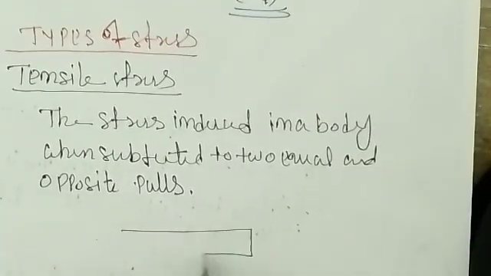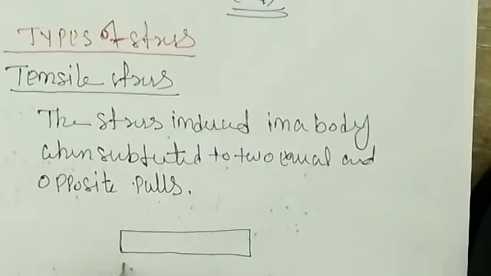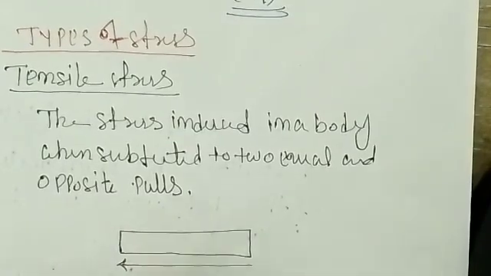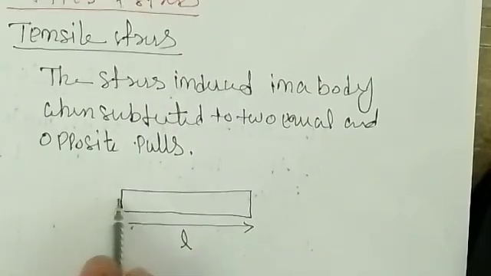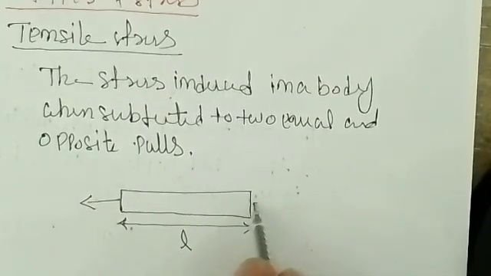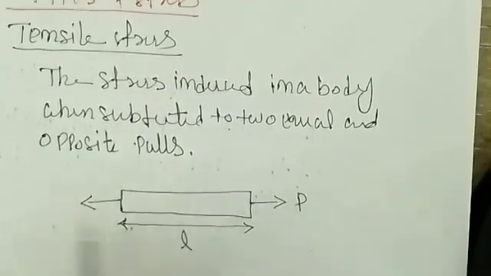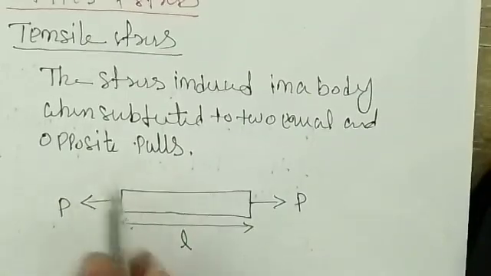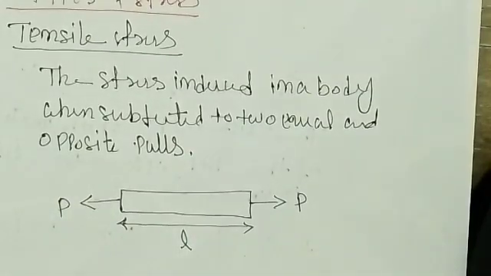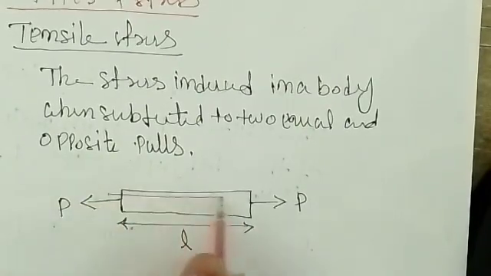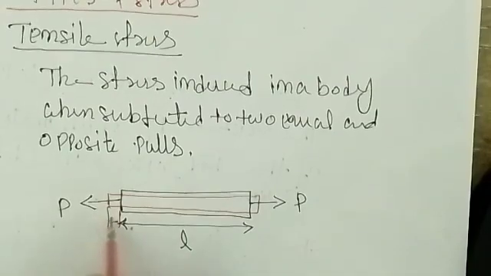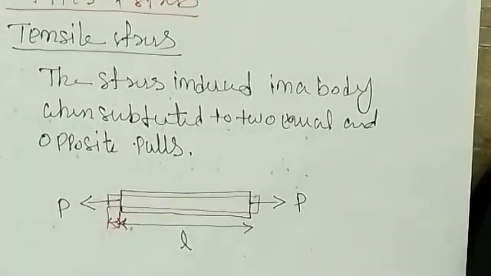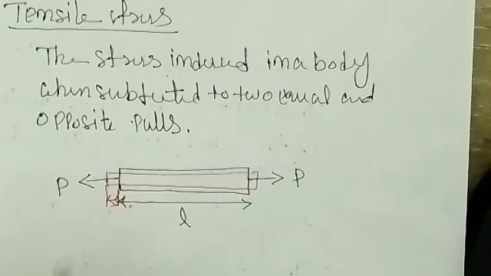Let's say this is one bar element of length L, and you are applying two equal and opposite pulls. This is pulling in nature. So what will happen? Because of this pull, the length will increase, and at the same time the lateral dimension will decrease. So this much of length is increased. That is the tensile stress. So tensile stress is what?